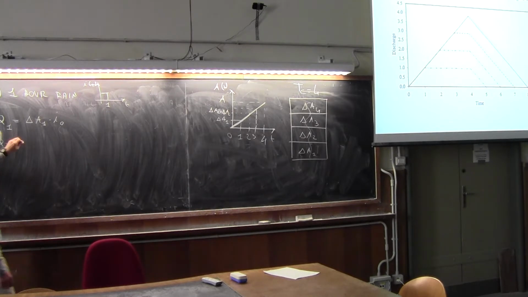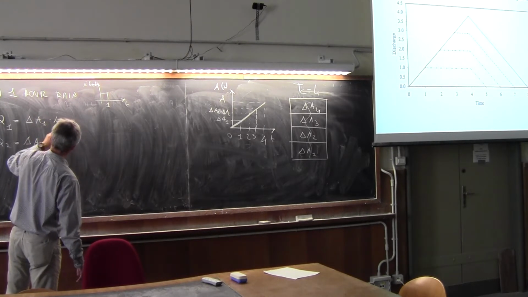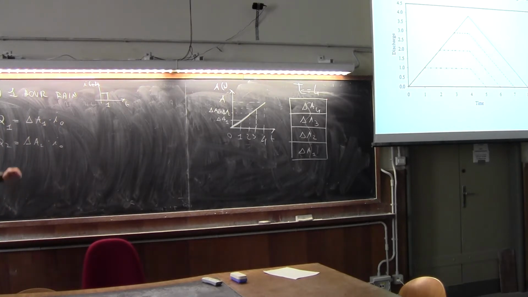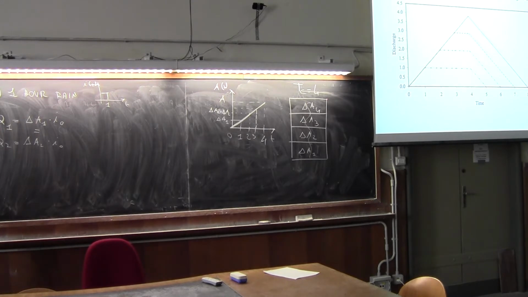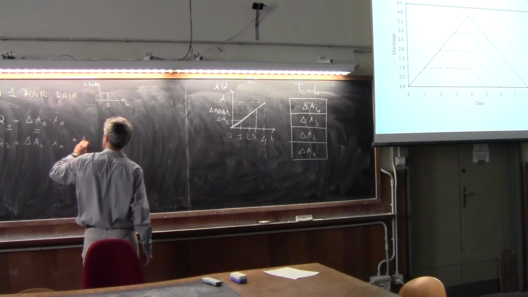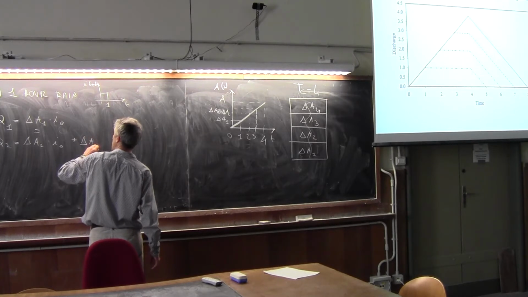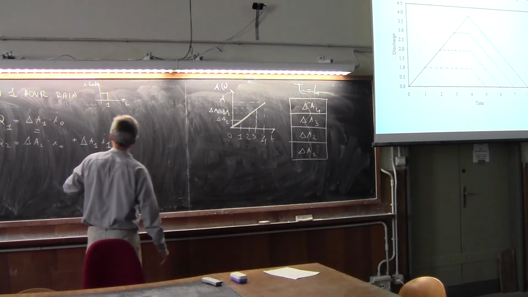It's delta A2 times I0, and look, delta A1 and delta A2 are the same value because it's my assumption, plus delta A1 times I1.